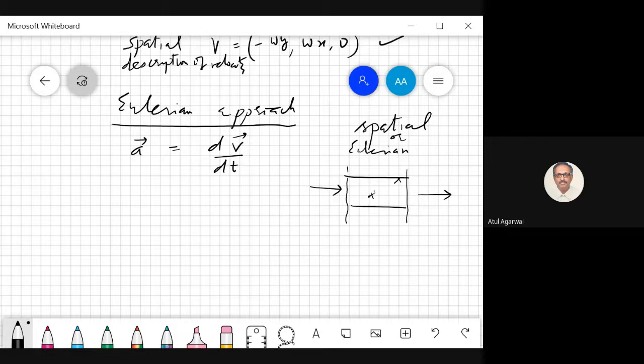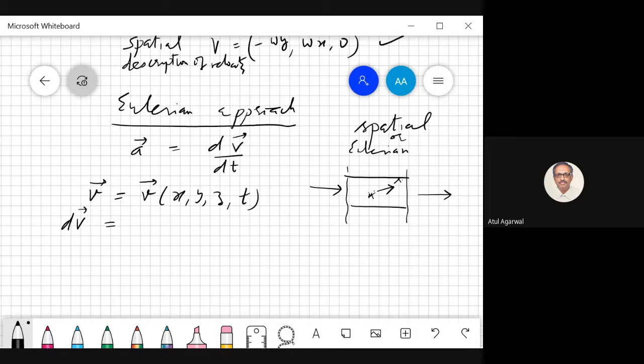Now your velocity is a function of x, y, z and time. So how do you find dv? So if you are here, from here to here, suppose you chase the particle, it goes from here to here. But you know description is, if it is here at this point of time, this is the velocity.